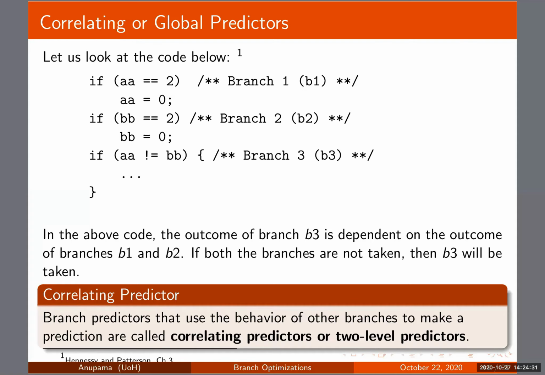Another way of doing it would be, supposing you are maintaining a 6-bit global history, one of the things they do is XOR those 6 bits with 6 bits from the branch address and then use that as the index into the table.